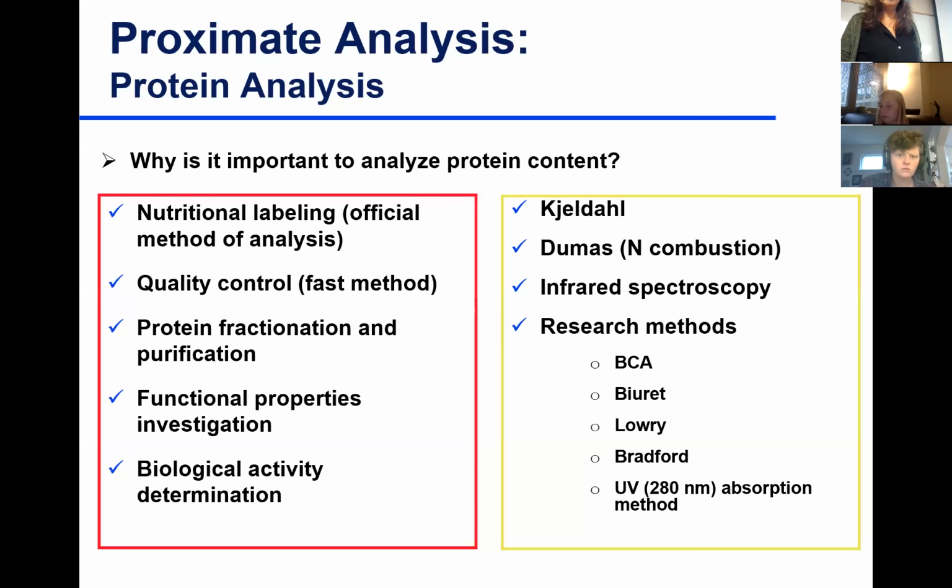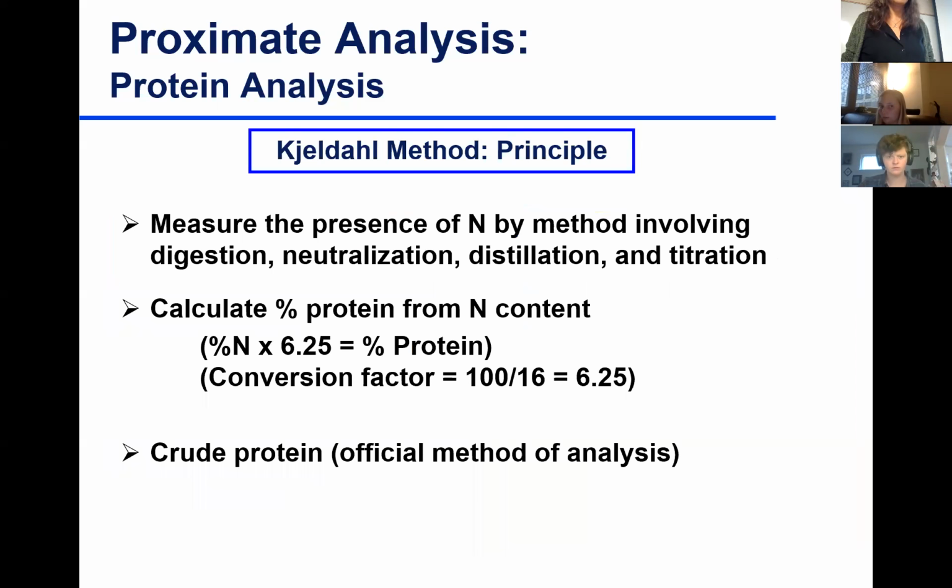Okay, so I'll start off with Kjeldahl. Kjeldahl is one of the oldest methods for analyzing protein content. It's a heavily chemical-based method, and it measures the amount of nitrogen. So it doesn't measure total protein, it measures total nitrogen, and we convert the total nitrogen to total protein.